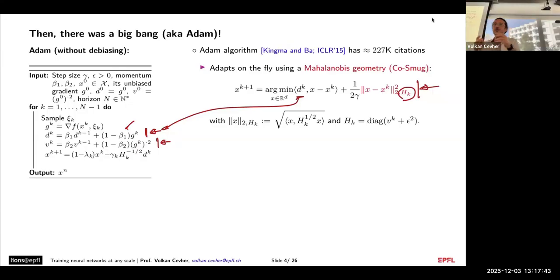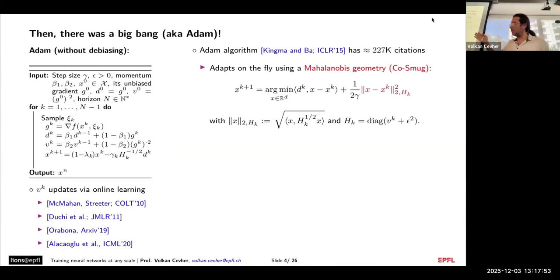Whereas the linear preconditioning that you get is defined by this V update, okay? But then the question is, how do I get the V update? Well, it turns out that there's a whole history coming from online convex optimization. There is the McMahan-Streeter paper from 2010 that actually did this first. All right. They even did the coordinate-wise version.